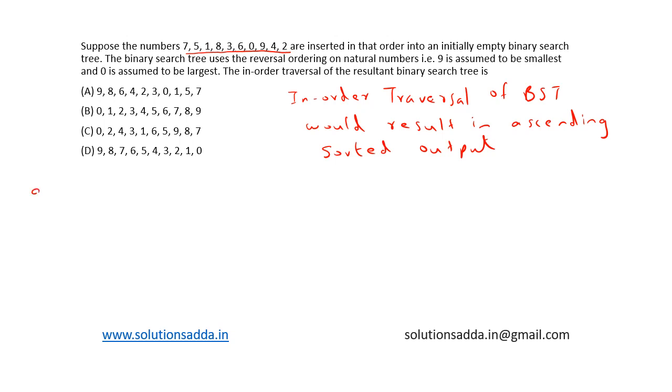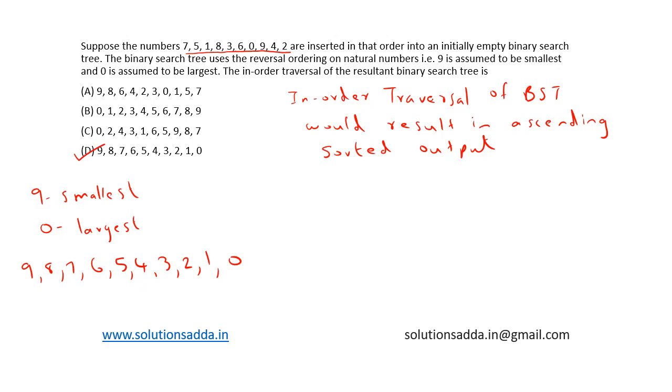Since 9 is the smallest and 0 is the largest, it would return in this format: 9, 8, 7, 6, 5, 4, 3, 2, 1, 0. Going by the options, option D is the correct answer here.